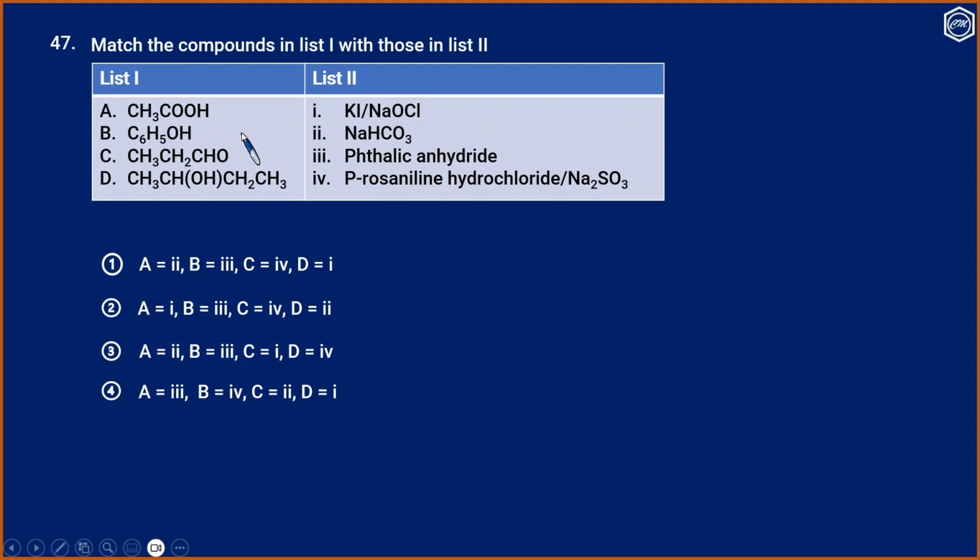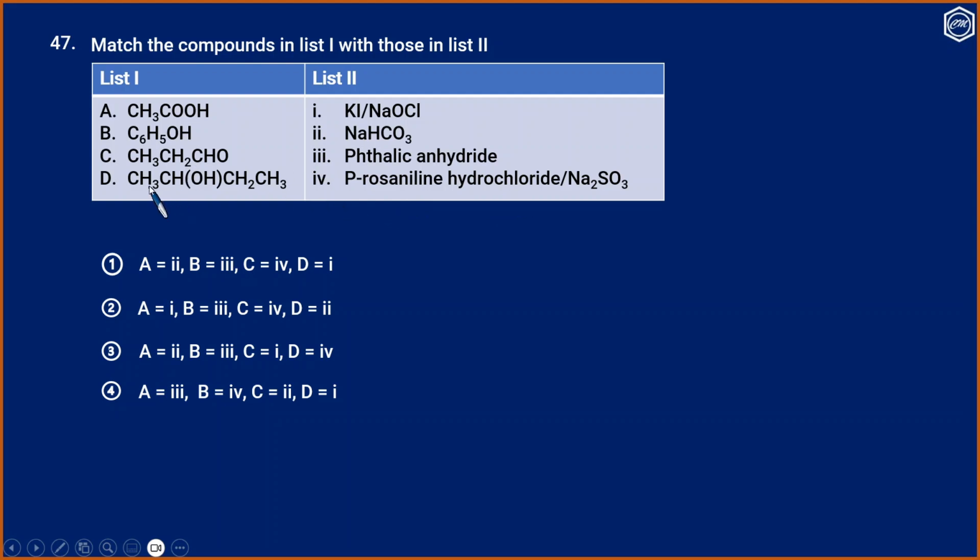That is the phthalein test. So B to 3. And C is CH3CH2CHO, and that is an aldehyde, and para-rosaniline hydrochloride is Schiff's reagent. So C to 2, 4.